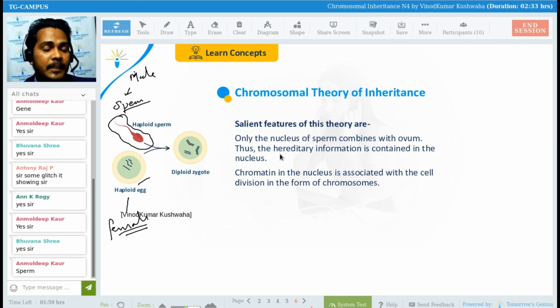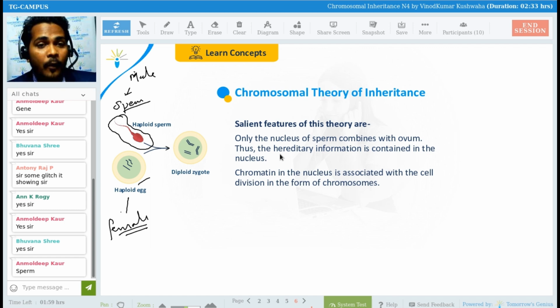This egg and sperm are what carry hereditary information from one generation to the next. Both the sperm and egg contribute equally to the heredity of the offspring, meaning both play an equal role in transferring hereditary information.